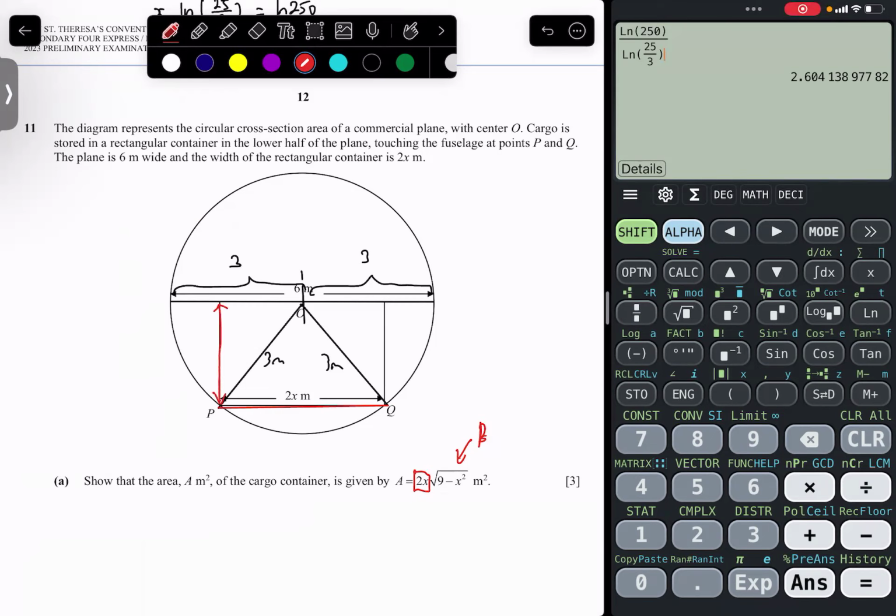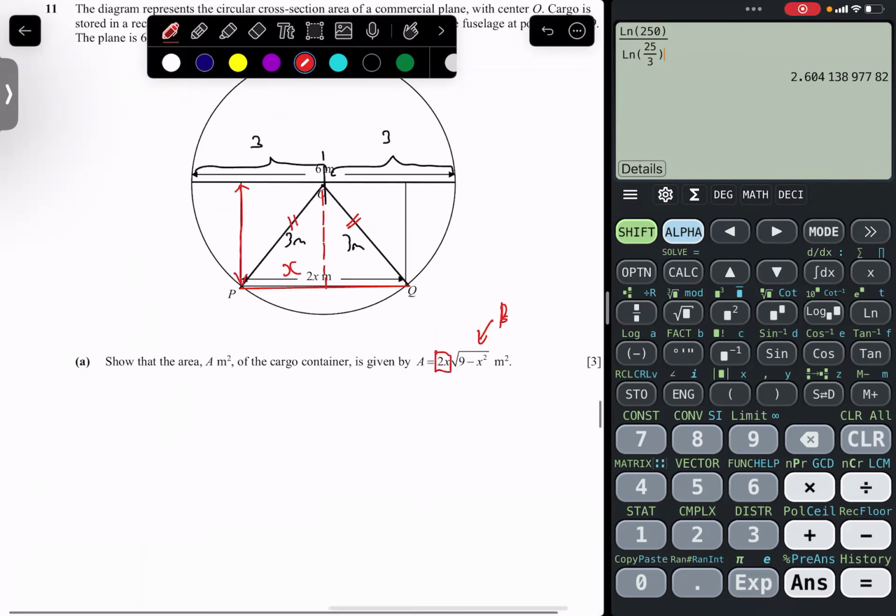Okay, so now how to do? All right, since this is isosceles, this means that this is x. Then the height of the rectangle will be based on Pythagoras' theorem.